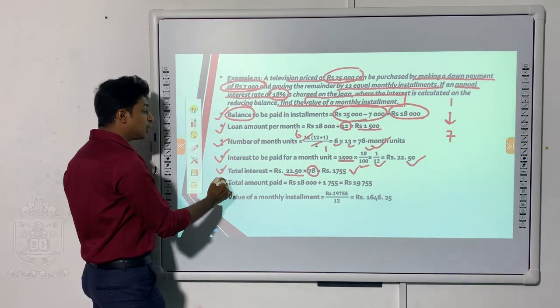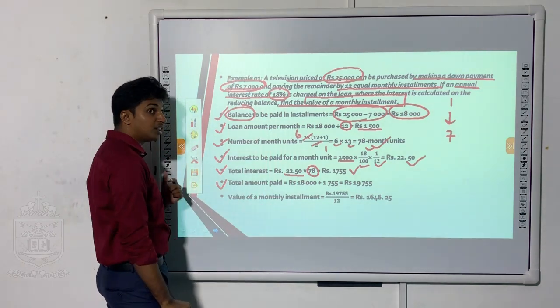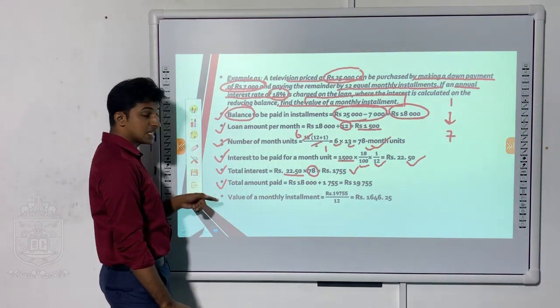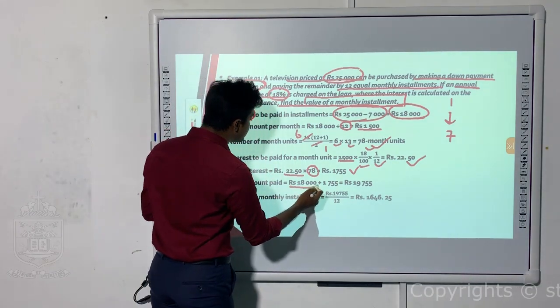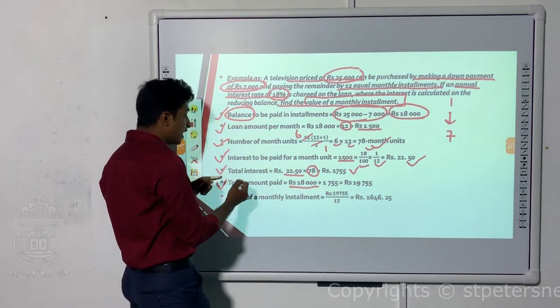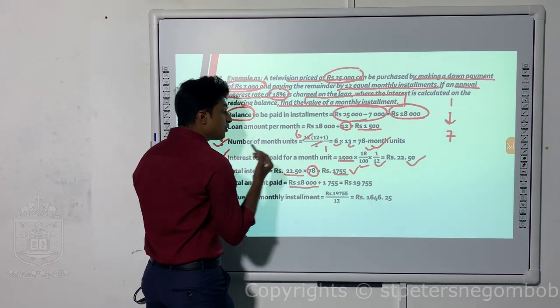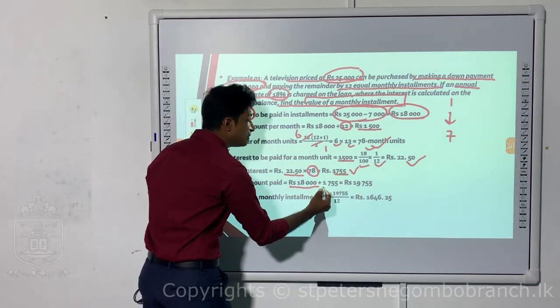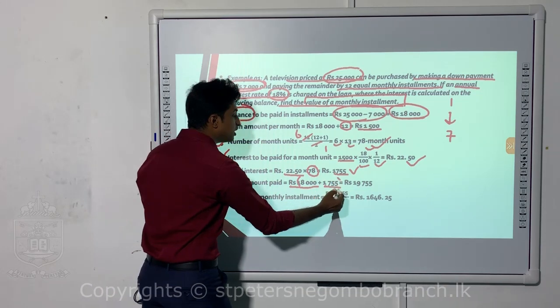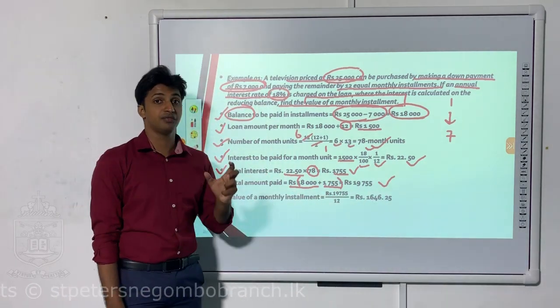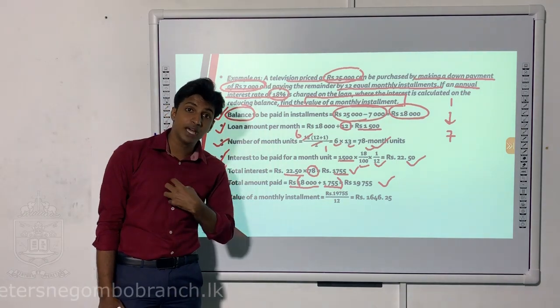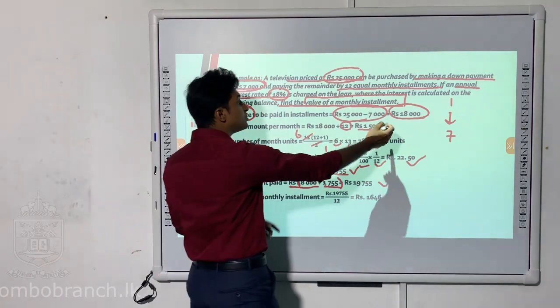Then the next step, total amount to be paid with interest. That is the sixth step. So total amount to be paid now is, I had a balance of 18,000. I got a total interest of 1,755. So that has to be added to this total amount. That is going to be rupees 19,755. I had to pay only 18,000 at the beginning.